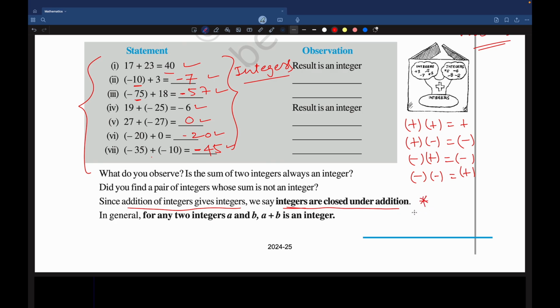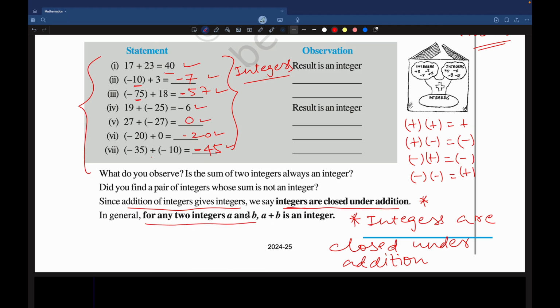That is a property, integers are closed under addition. That means for any two integers a, b, a plus b is always an integer.